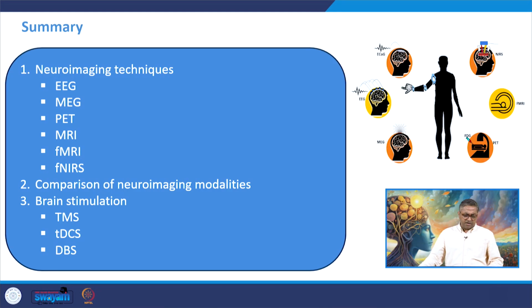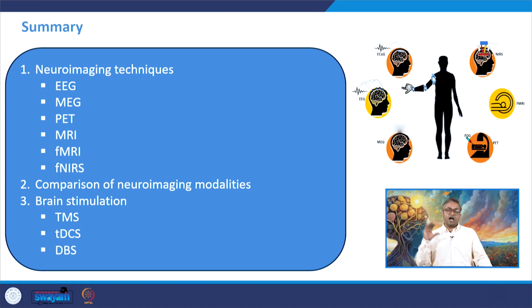Let us summarize this talk. Several neuroimaging techniques we discussed today are the electroencephalograph, magnetoencephalograph, positron emission tomography, magnetic resonance imaging, functional magnetic resonance imaging, and functional near infrared spectroscopy. All these methodologies have been classified based on two crucial parameters: spatial resolution and temporal resolution.